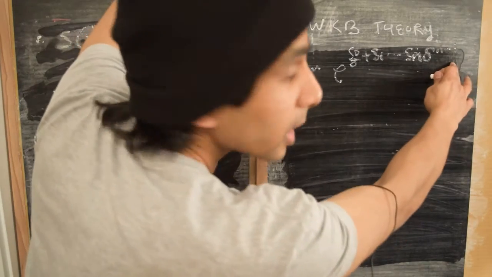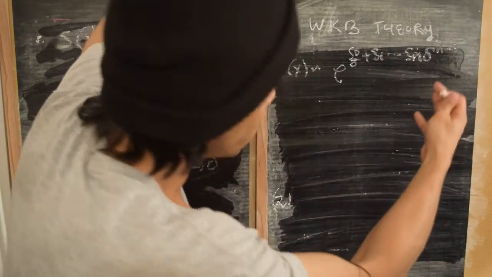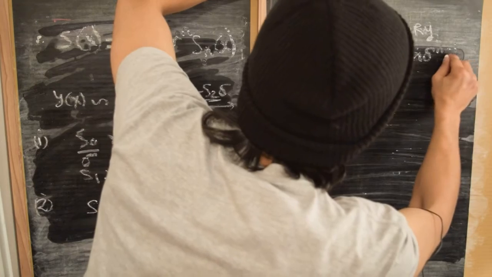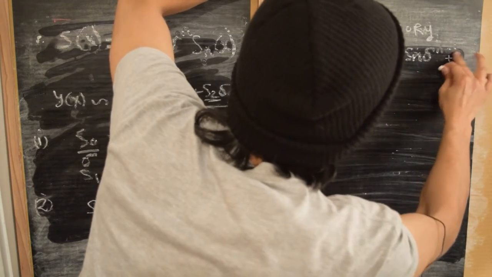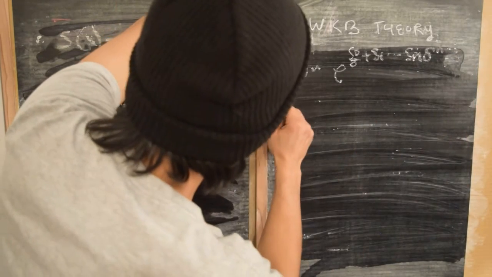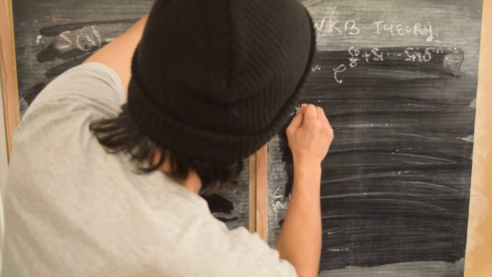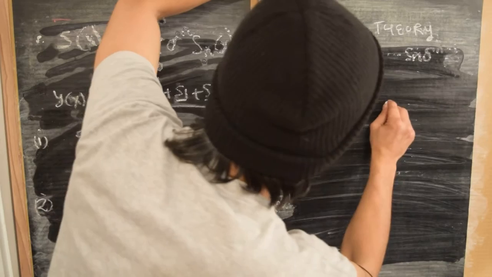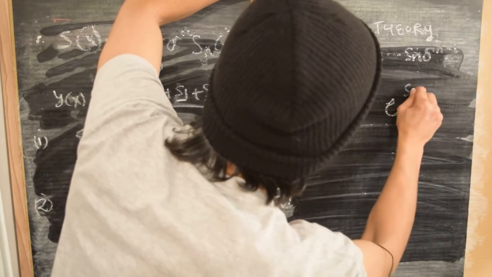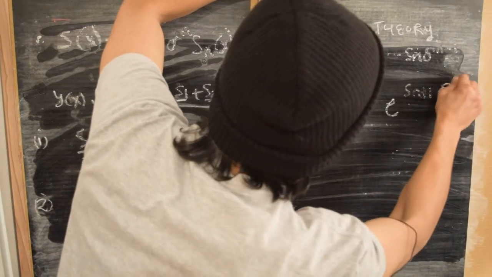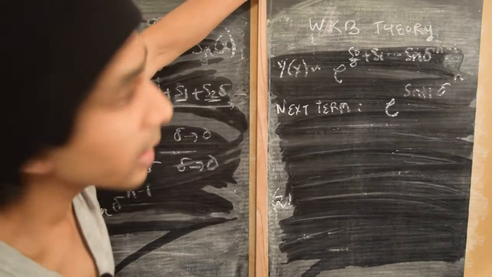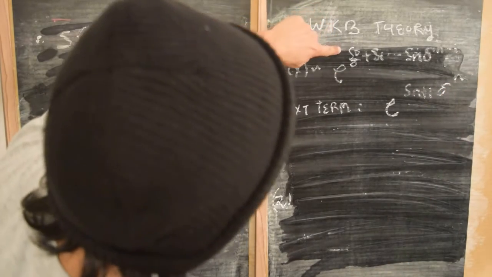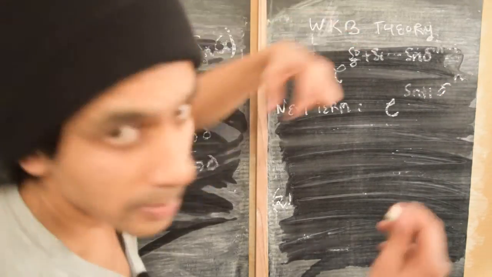So the next term that should have appeared, which we are not including, let's write it here, is e to the power of S n plus 1 delta to the power of n, right? So this is an exponential to the power of some terms.